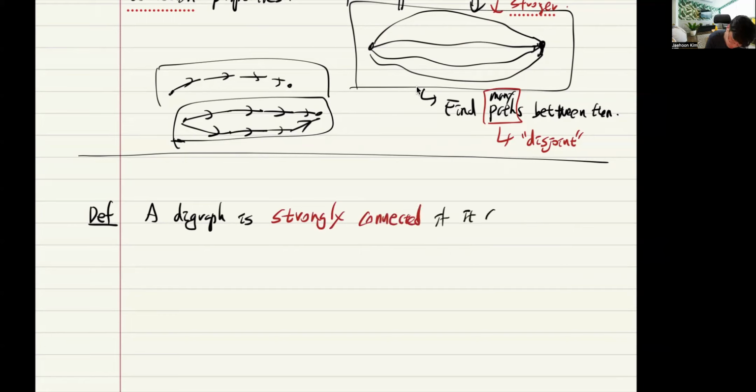if it contains a path from each vertex to every other vertex.